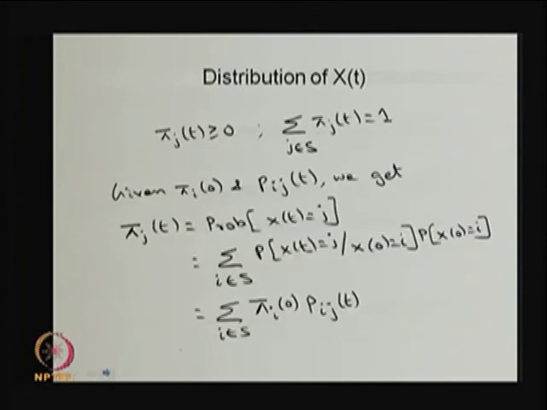Using this, I am trying to find out the distribution of x of t for any time t. For any time t, x of t will make a stochastic process. Here it is a continuous time Markov chain. The default one is a time homogeneous continuous time Markov chain, and our interest is to find out the distribution of the random variable x of t.